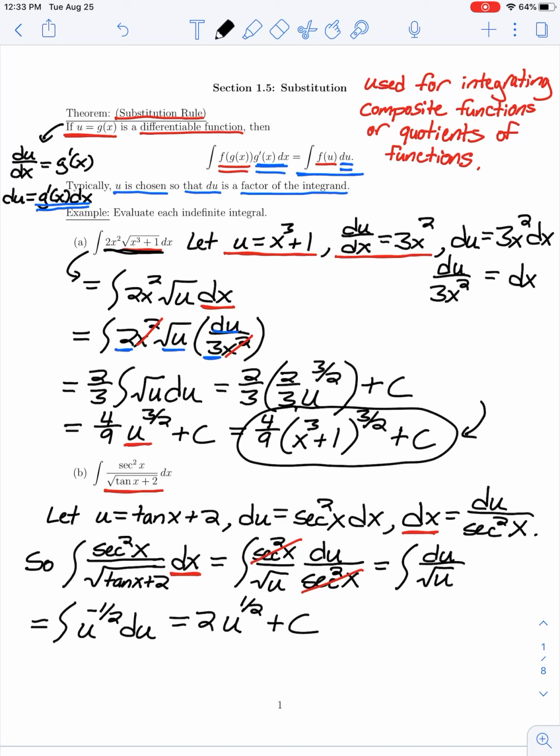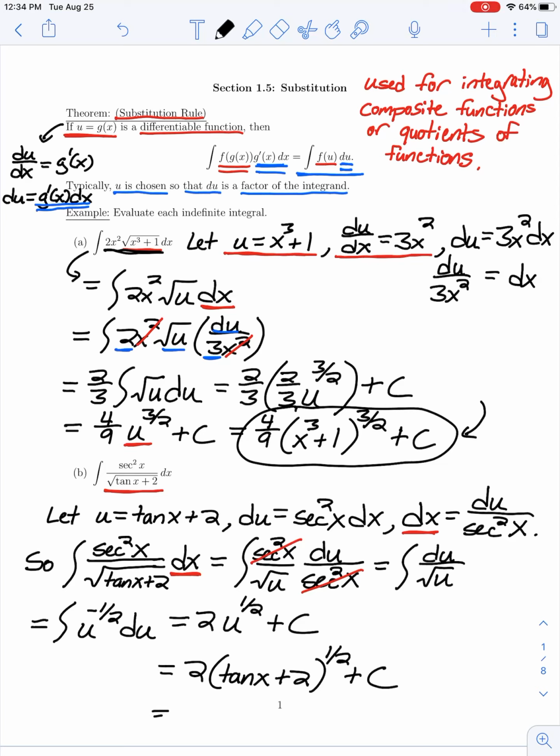So here my original integral was in terms of the variable x, so I want my final answer to be in terms of that same variable. So let's substitute u back in. So we had 2 times u, which was tangent x plus 2 to the 1/2 power plus c.